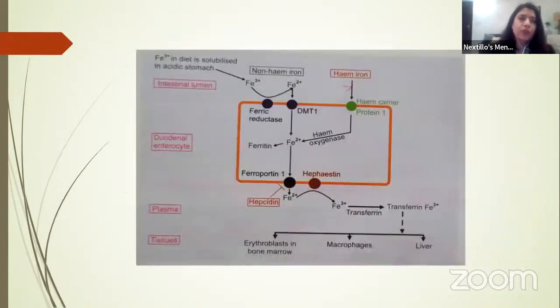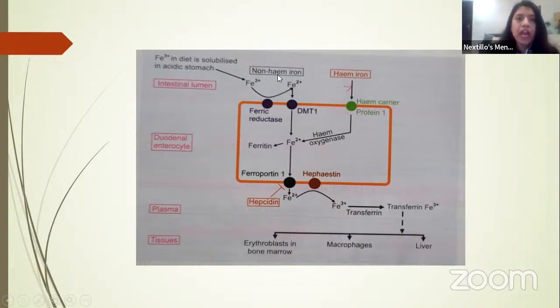Now, let's just quickly talk about iron metabolism and iron absorption, because if you remember this, then you can solve most of the iron deficiency diagnosis questions. Okay. So this in the center in orange is basically a duodenal enterocyte, a lining cell of the duodenum. This is the lumen of the intestine.